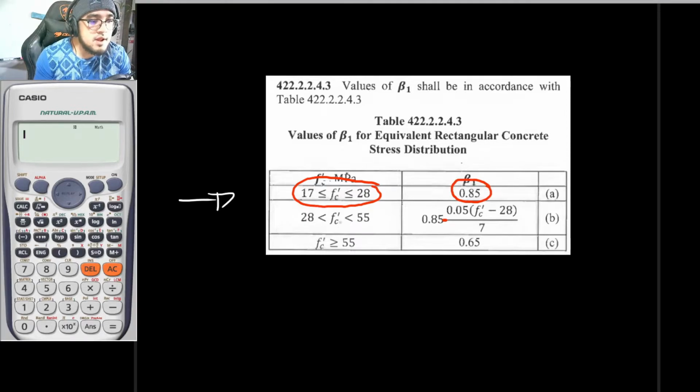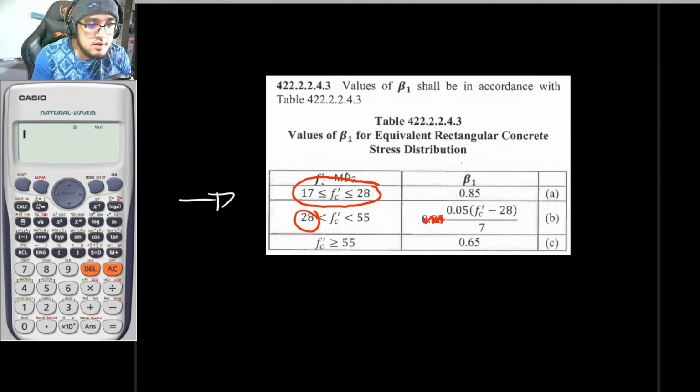But if your fc' is greater than 28 and less than 55, it is given by this equation. But take note, guys, that if you open the first printing of your NSCP, the equation would be 0.85 times this value. But this is rather erroneous, guys. There should be a minus sign here.